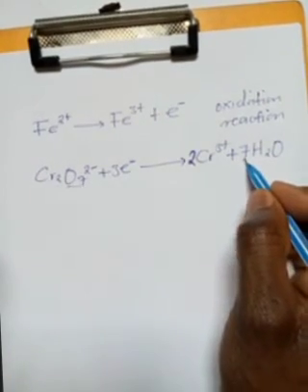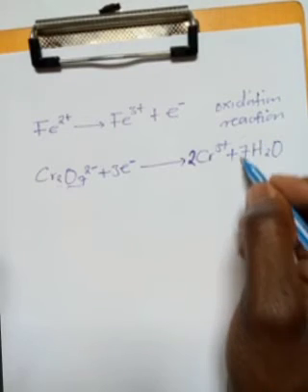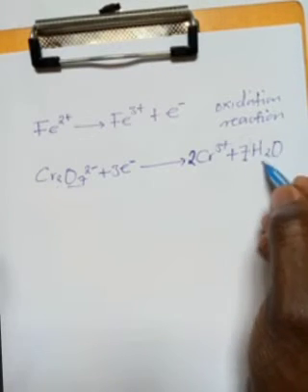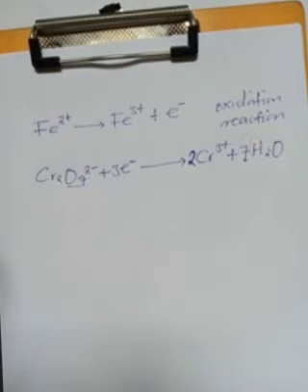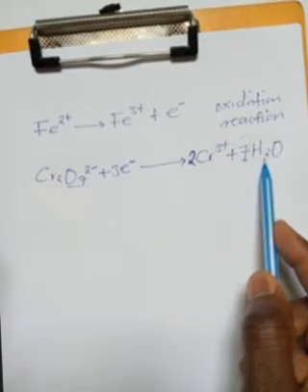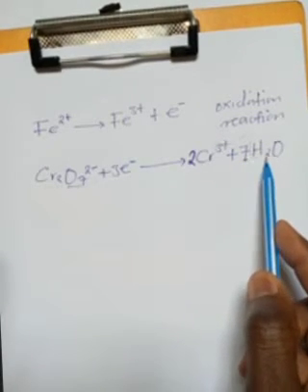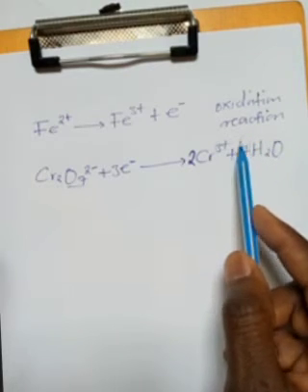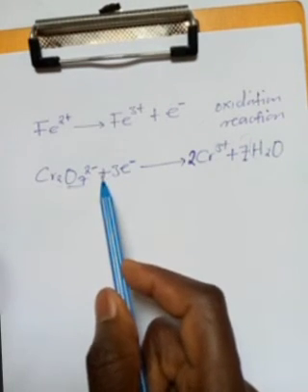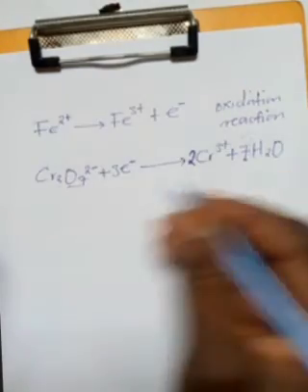But since I've introduced water here, there is something which is disturbing me. I've also introduced hydrogen, meaning that the other point we raised says you now have to balance hydrogen with hydrogen ions. Since we have 7 multiplied by 2, we are going to have 14 hydrogen ions on my left-hand side.